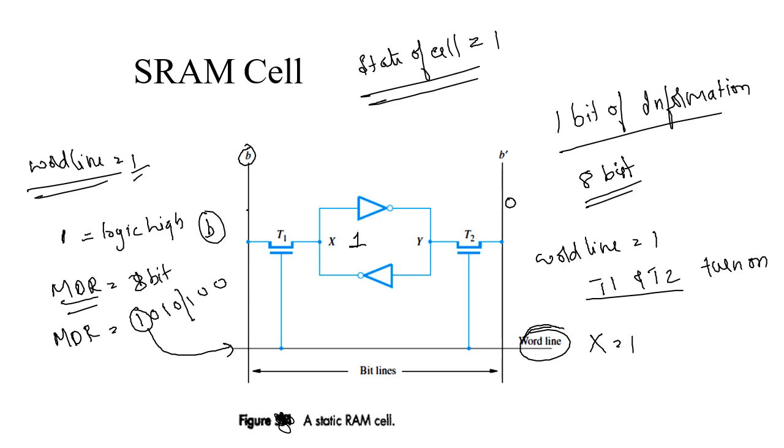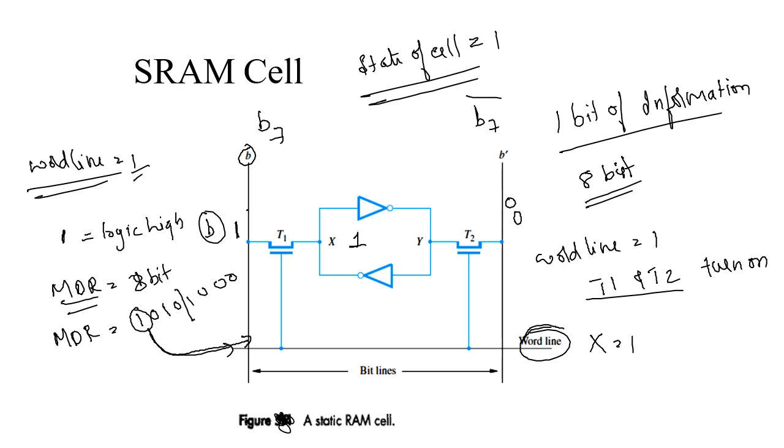So you will have 8 bits, out of which let us consider this as B7 and B7 bar. Now this cell has to be written with logic 1. This bit is directly connected to the bit line B, and its complement is connected to B dash. By default the bit line B7 will be pulled high and B7 bar will be pulled down to 0.